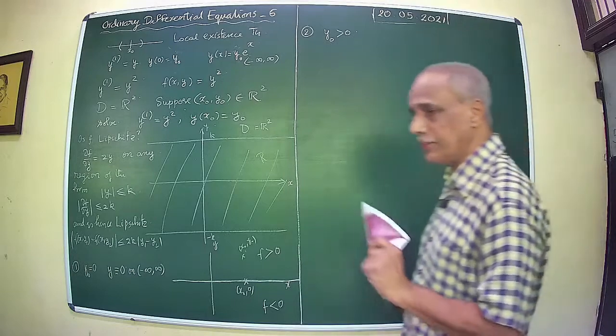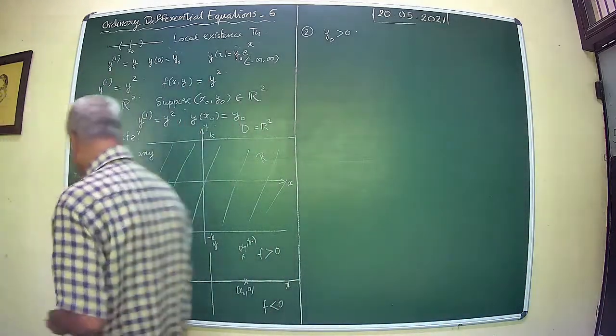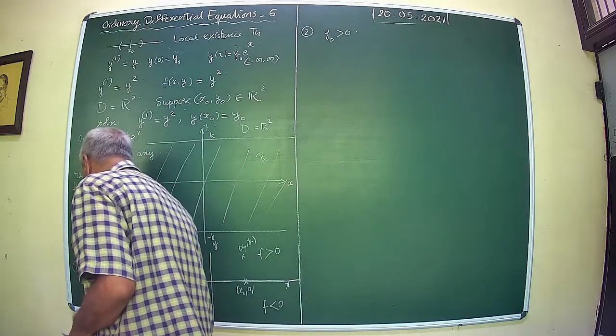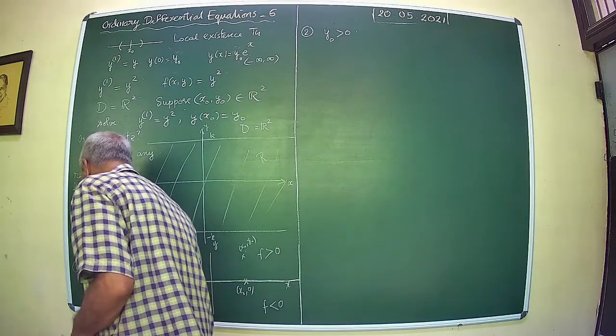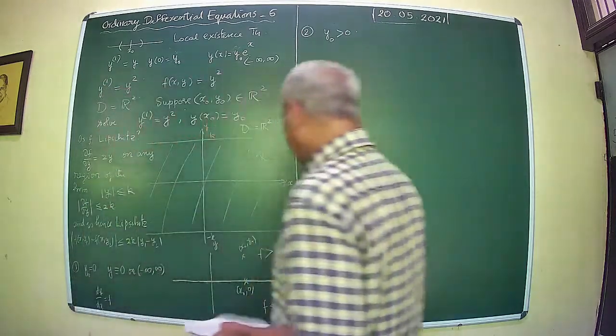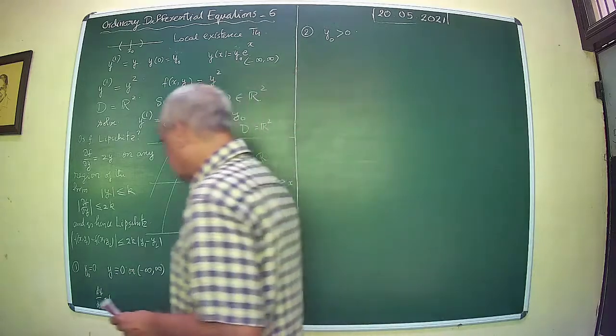That gives some information about y. Because what is our equation? Our equation is that dy by dx equal to f.